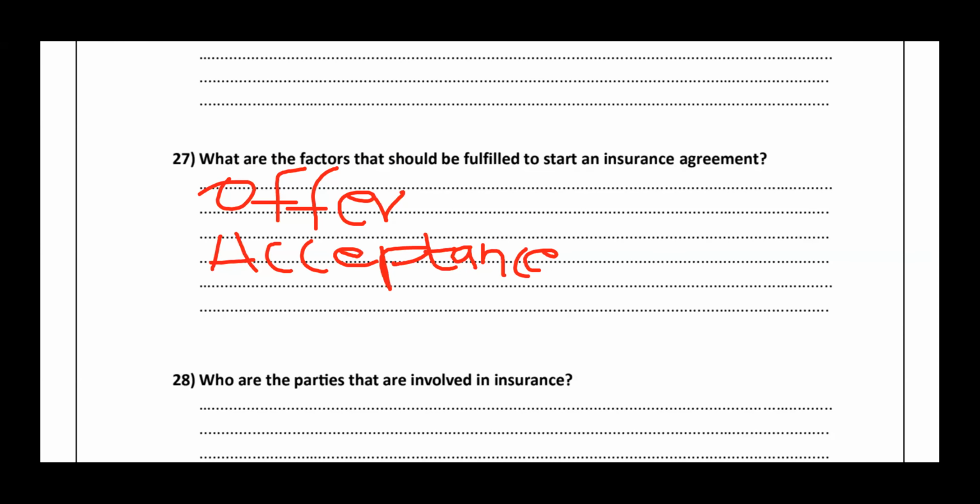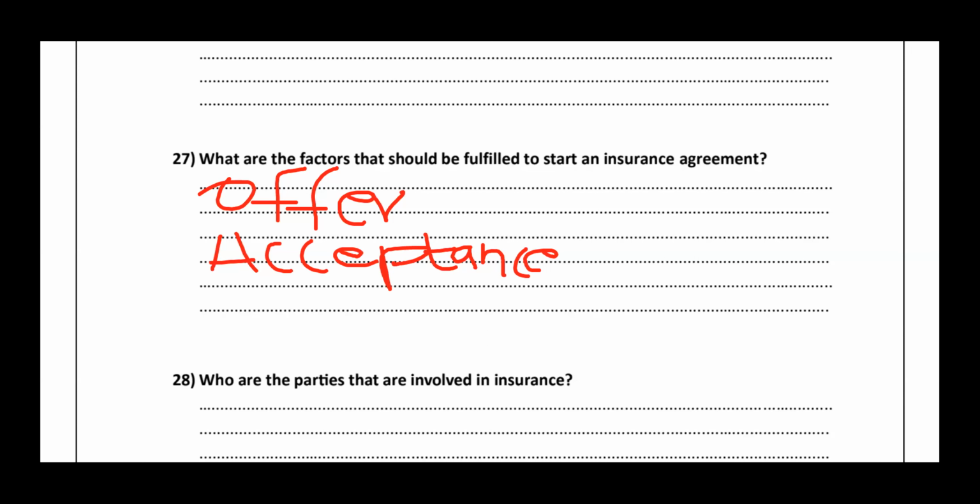Okay. And it is only accepted if the risks are insurable. Now let's say that person has proposed, that person has asked to compensate his aging problem or something, so it will be rejected.